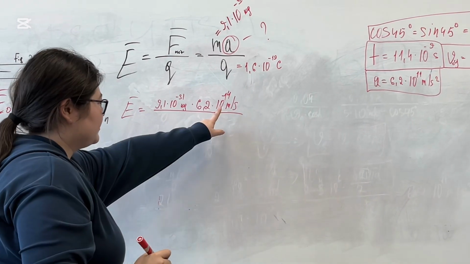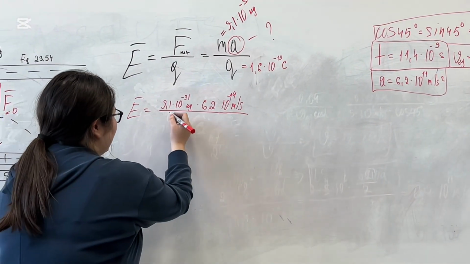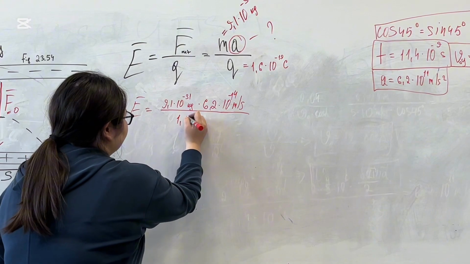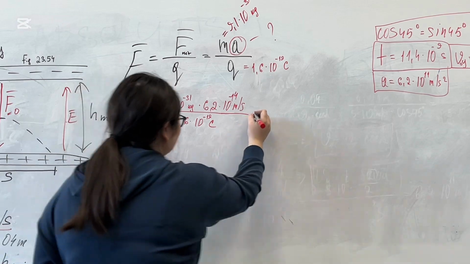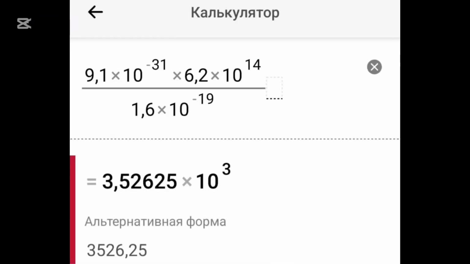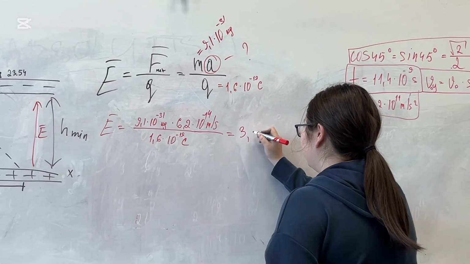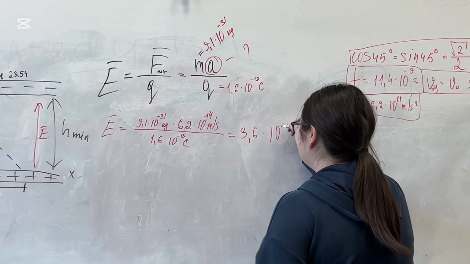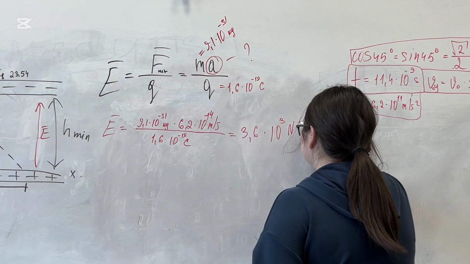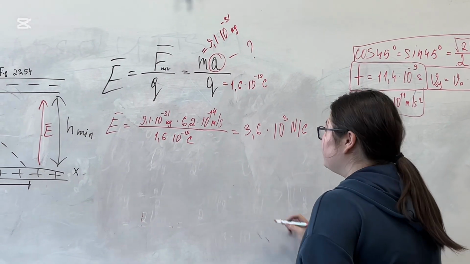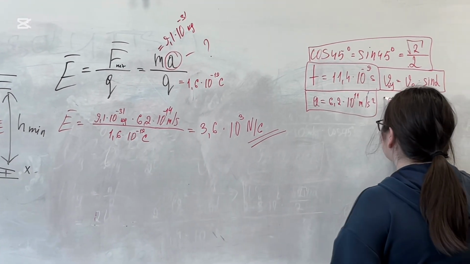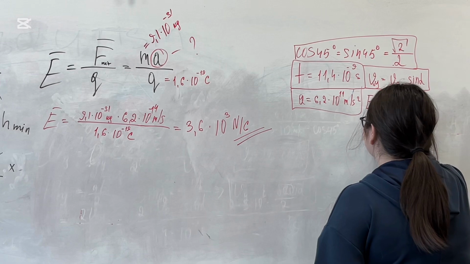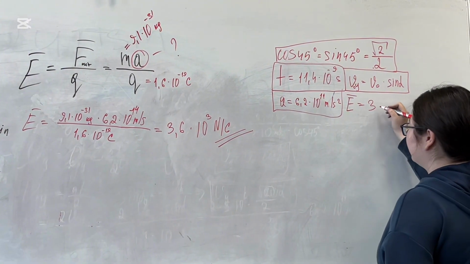I'm sorry, here I made a mistake, 14. Now, let's write our charge. Okay, let's calculate. The result is 3.6 multiplied by 10 to the power of 3 newtons divided by coulomb. Here we found the electric field. We needed to find it, so we found it. Okay, first answer.